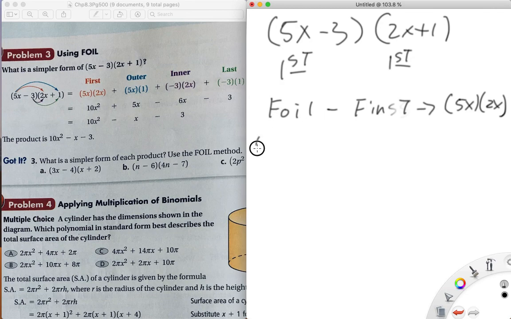Then we have outer. In addition to this being the first term, we can also think of this as the outside term. This is on the outside of these four numbers. This is on the outside. This guy is also on the outside.